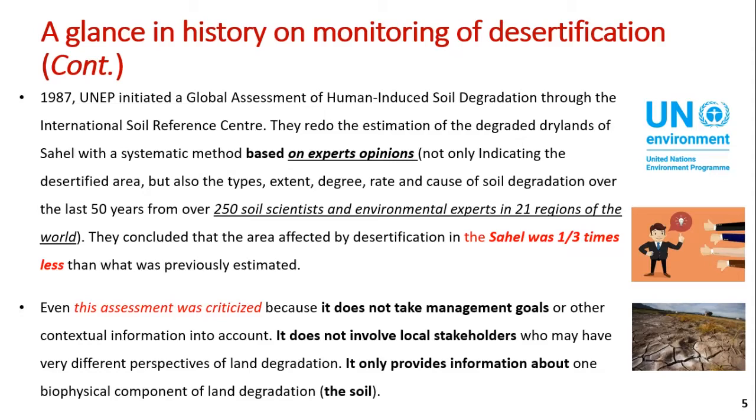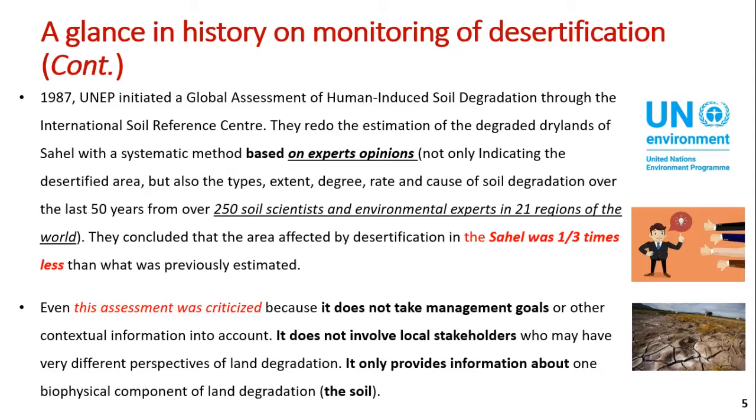Basically what they did, they redid the estimation of the amount of area that is desertified in the Sahelian desert. And this time, the assessment was based on experts' opinion. So they asked around 250 soil scientists and environmental scientists from over 21 regions in the world to come to the Sahelian area and redo the estimation.